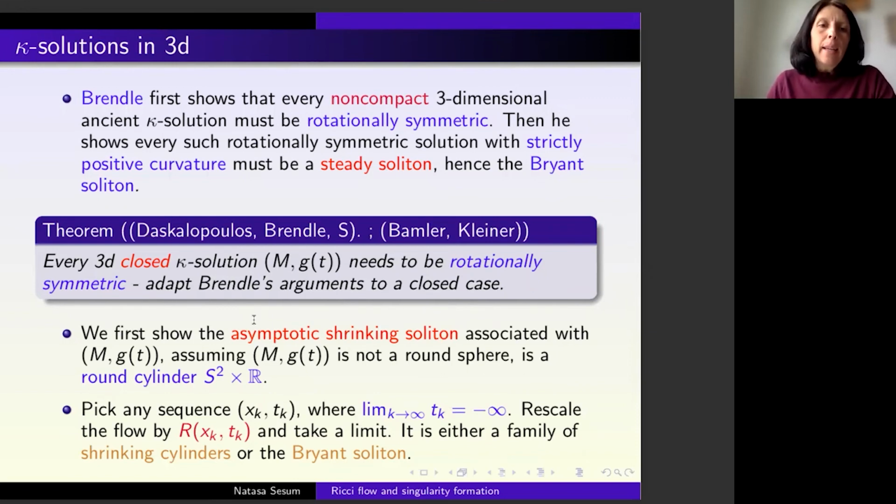Okay, so I'm just going to say why you should expect something like that. Let's take any 3D ancient compact non-collapsed solution that we are considering.